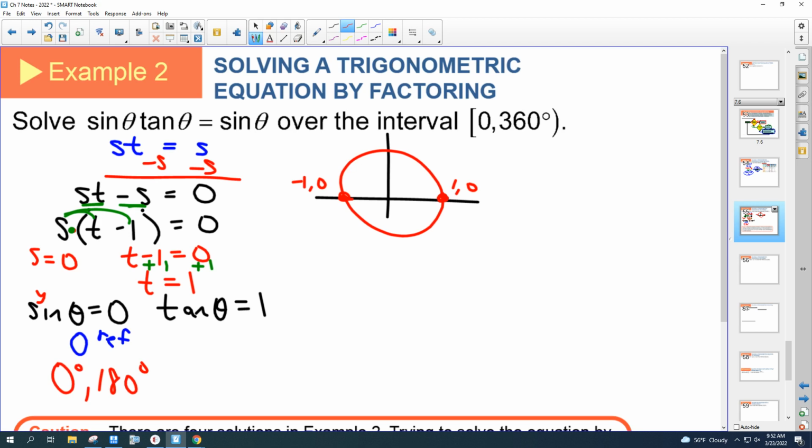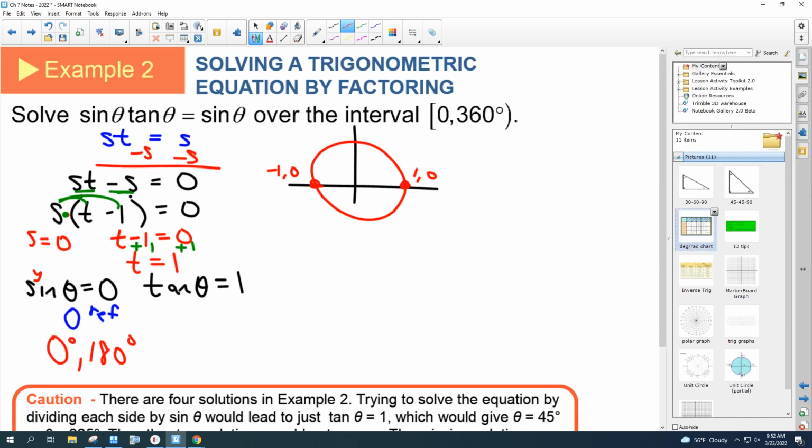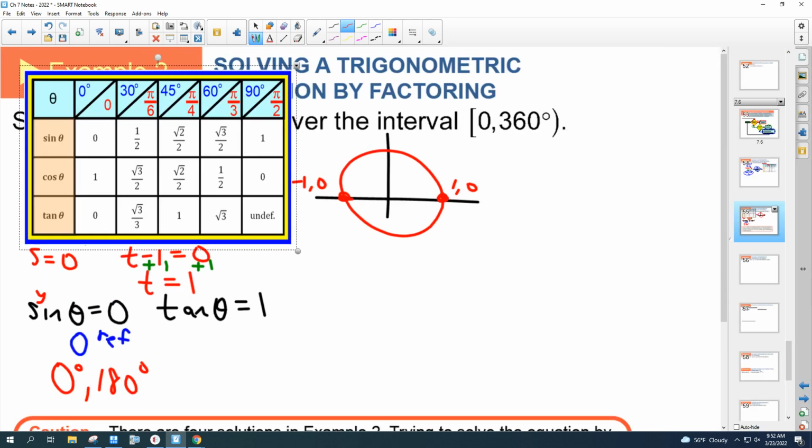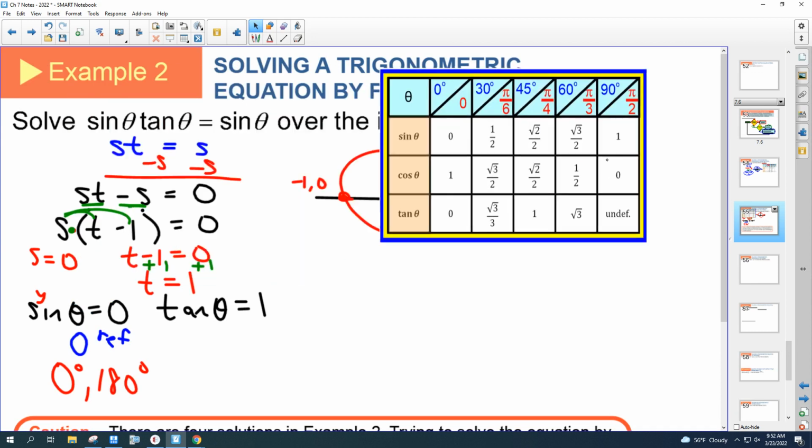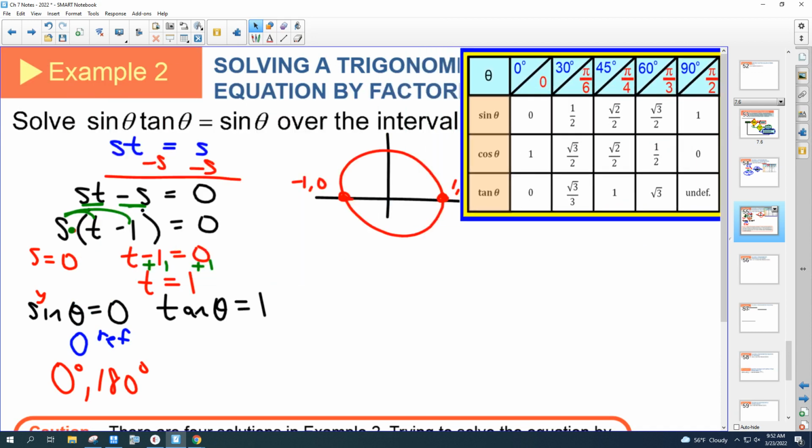So then we move on to tangent theta equals 1. Tangent theta equals 1, and you look at the chart. Let's look at the chart. That's going to be, right here, right? That's going to be a 45 degree reference angle. 45 is not necessarily the answer. 45 is the reference angle.